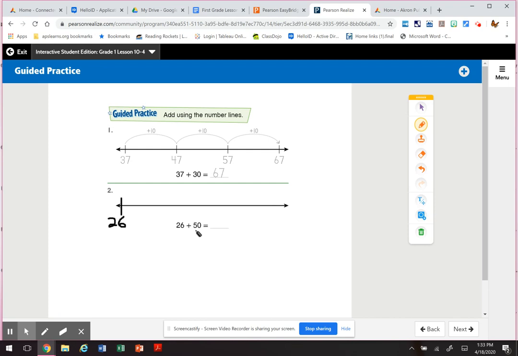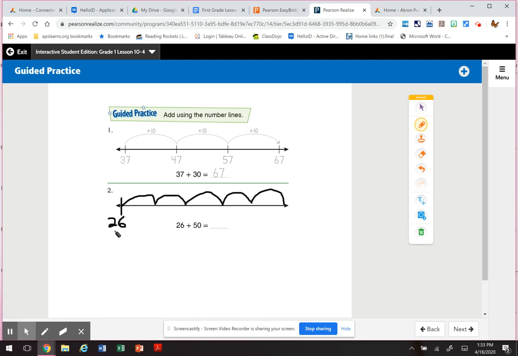So 50 is 5 tens, and my first digit in the number 50 is a 5. So I'm going to make 5 hops. 1, 2, 3, 4, 5. And I'm going to go back and number them.